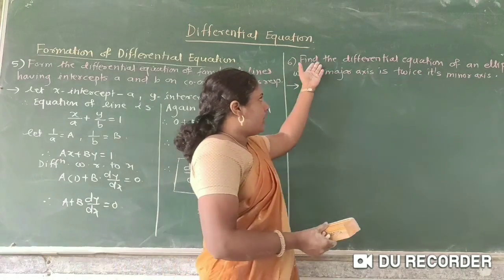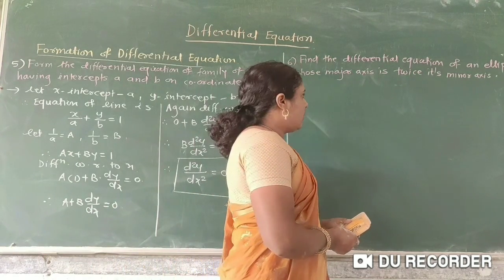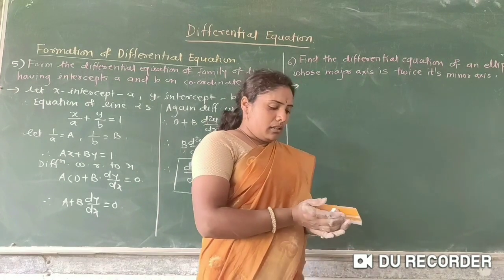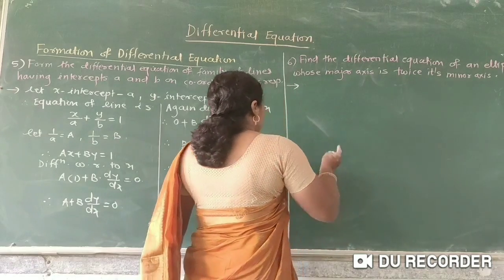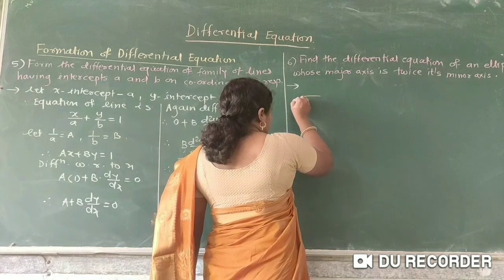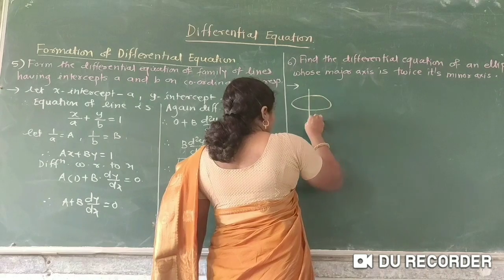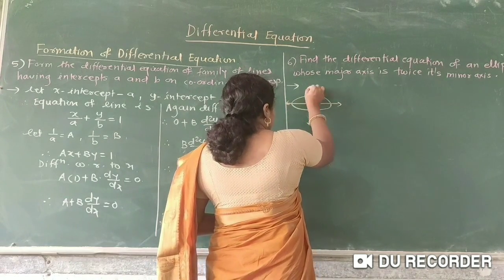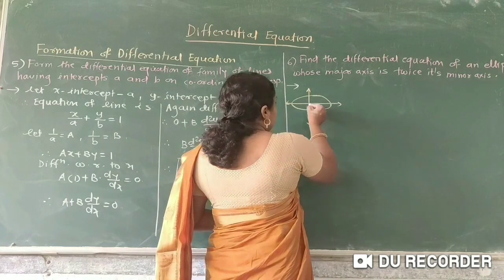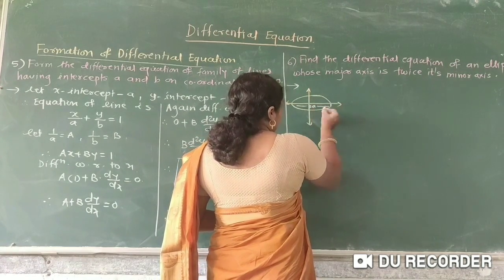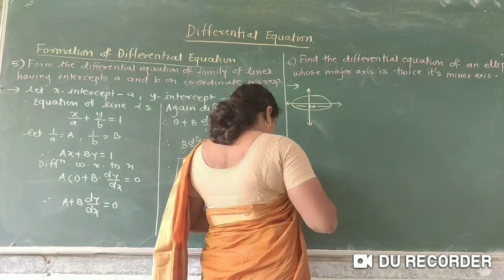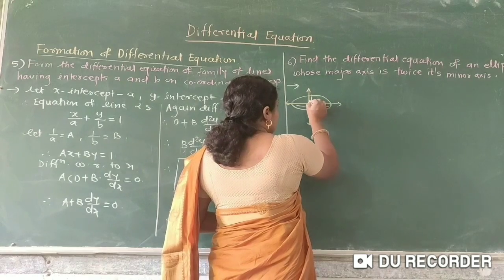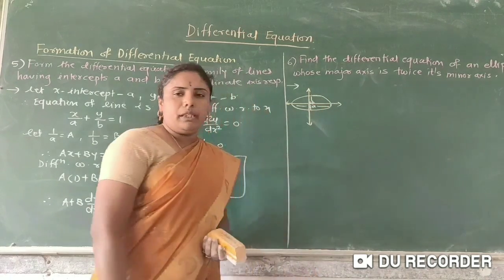Next, the sixth example is to find the differential equation of an ellipse whose major axis is twice its minor axis. Suppose this is the ellipse and its major axis is the x axis, whose length is 2a, and its minor axis is the y axis, whose length is 2b.